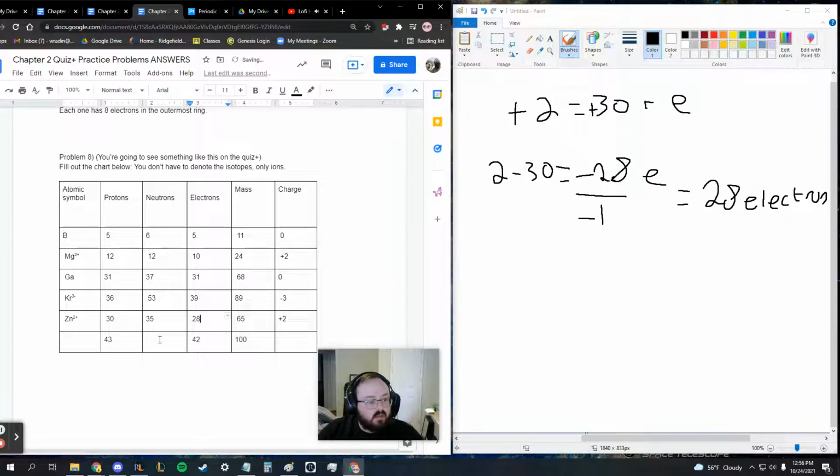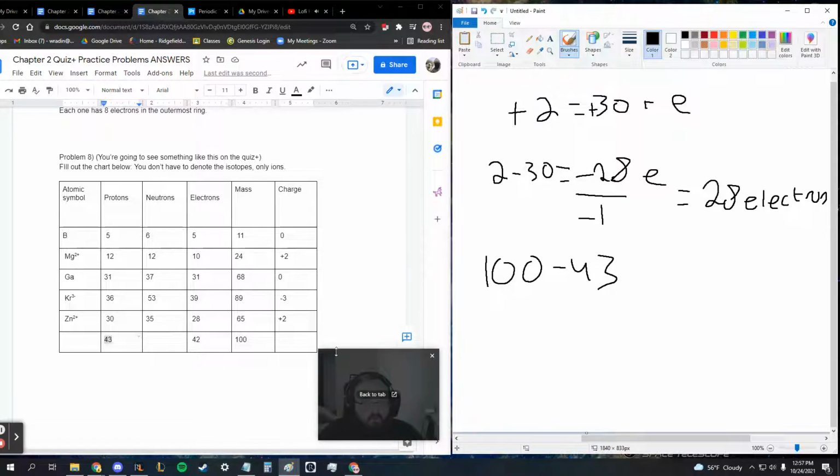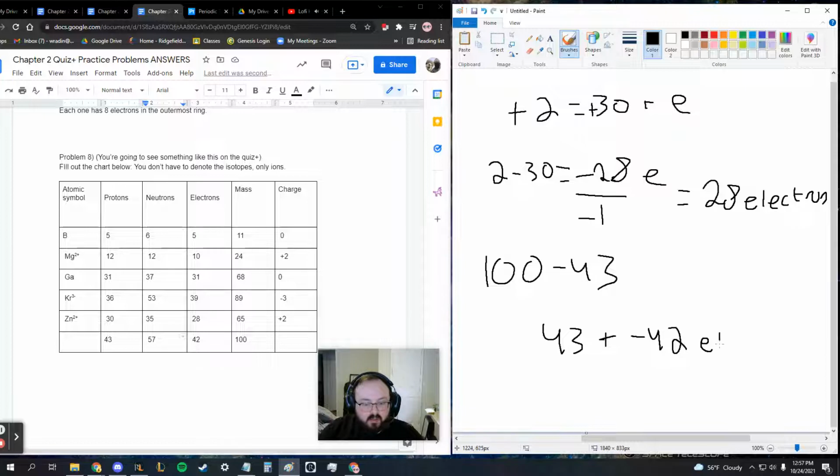Last but not least, we have 43 protons and a mass of 100. So 100 minus 43 equals, what is it, 57? So we have 57 neutrons. Our charge, we have 43 protons and 42 electrons. Here's from our protons, here's from our electrons.